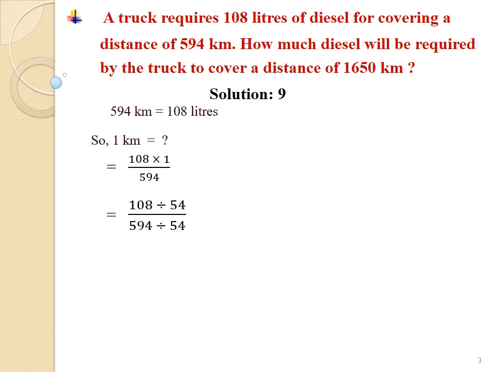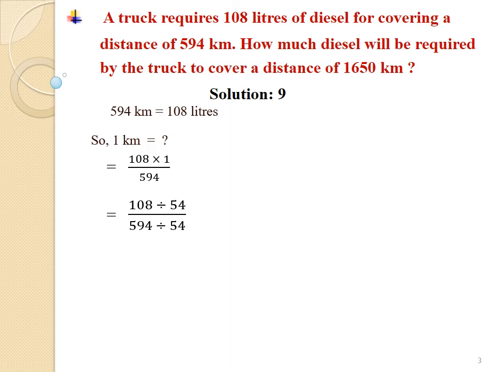Now reducing 108 upon 594 by the HCF of 108 and 594, which is 54, we get 108 divided by 54 upon 594 divided by 54.